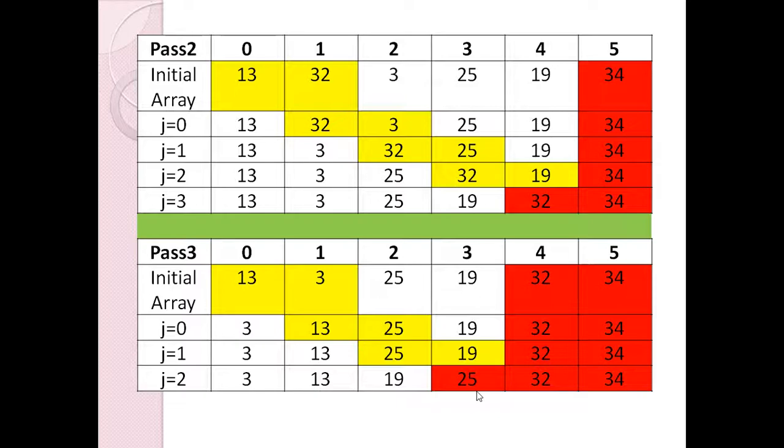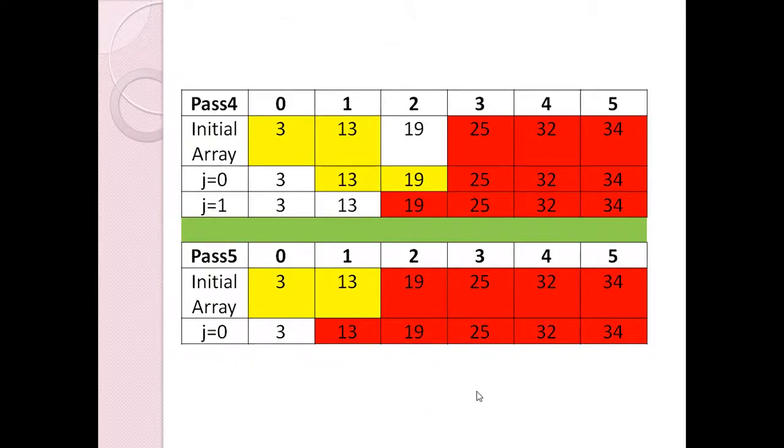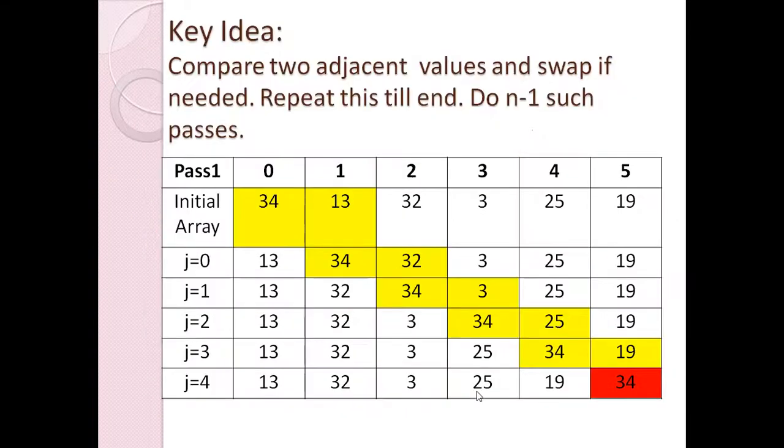You need to run n minus 1 passes to be sure that all the elements are sorted. So if you have 6 elements, you need to run 5 passes. In each pass, the number of comparisons becomes one less than the previous one.